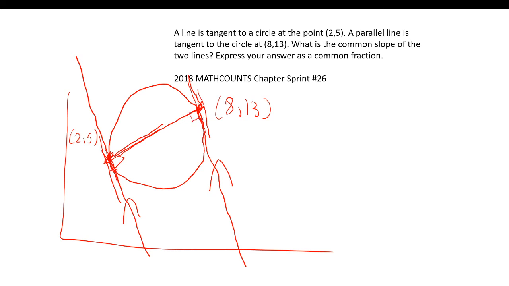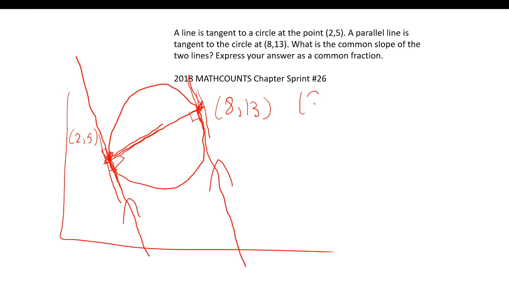So these are right angles. Now, how is that useful? They're perpendicular. This segment over here is perpendicular to each one of these lines, and they have the same slope. So now we have a strategy. Our strategy is find the slope of this segment connecting these 2 points, and then we just apply the property of perpendicular slopes. So let's go ahead and do that.